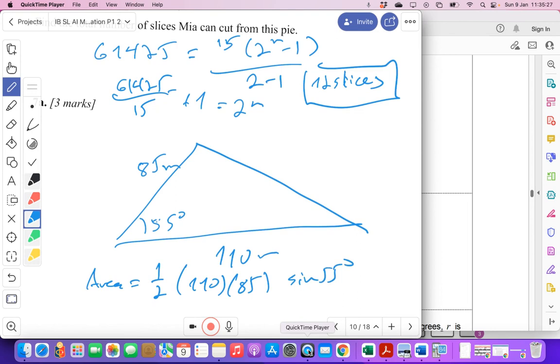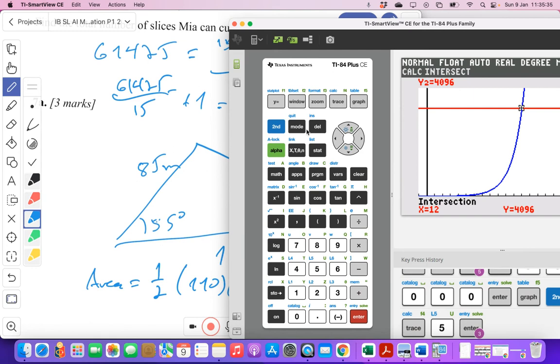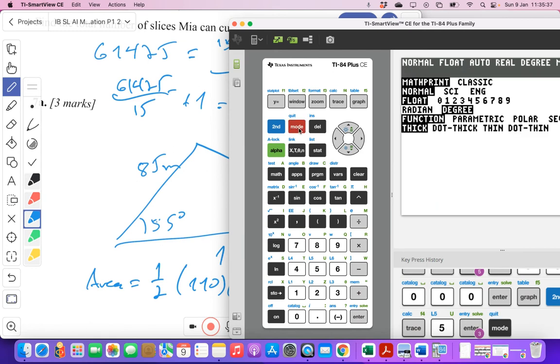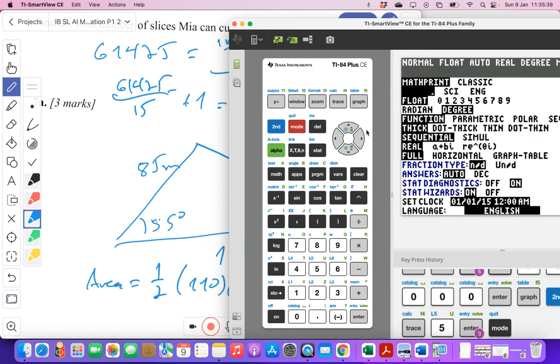And when I did that calculation, rounded it to 3 significant figures, got to show you that because we want to make sure that your calculator is set to degrees, that after you got it back from the invigilators that you put on degrees, and that stat diagnostics is on there on the mode.